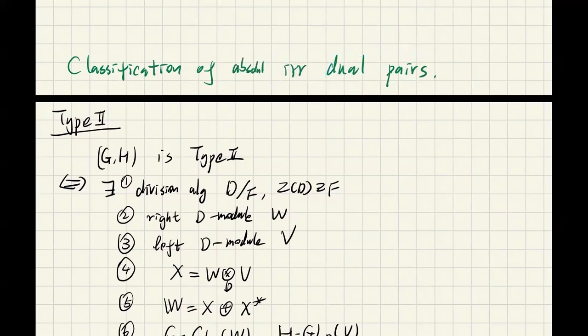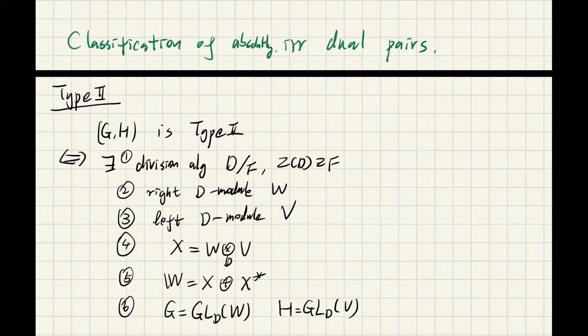You fix a division algebra D over F. It can be quaternion or it can be any arbitrary field extension of F. Sorry, I should say that it's just a division algebra. It basically has two cases.